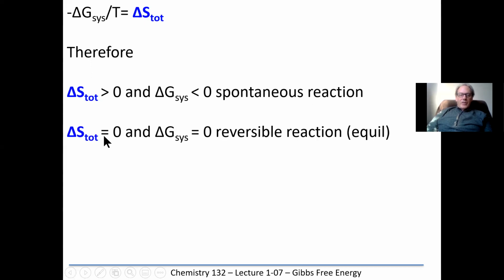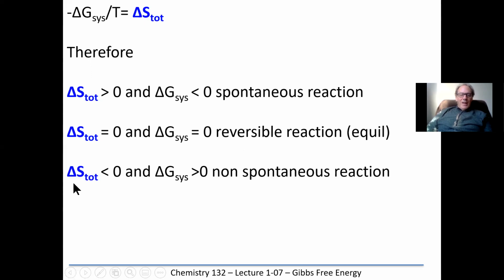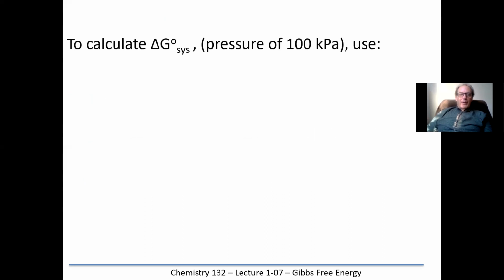And when delta S total is 0 or delta G system is 0, we know it's a reversible reaction. We are at equilibrium at that point. If delta S total is less than 0 and delta G system is greater than 0, we know that the reaction is not spontaneous. That means there will be a constant supply of energy required to maintain that reaction working.